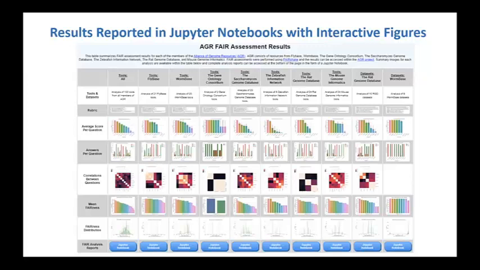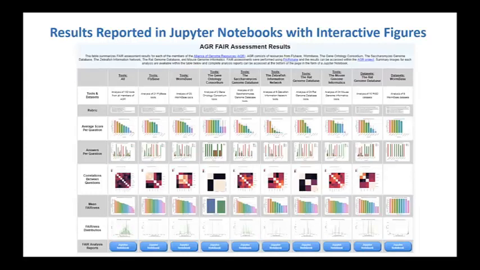And then we created Jupyter notebooks that have interactive visualization of the summary of those results. Those were done by a manual assessment by different members of our team, and we met with the data stewards that represent the AGR consortium, and we showed them the results of those assessments.